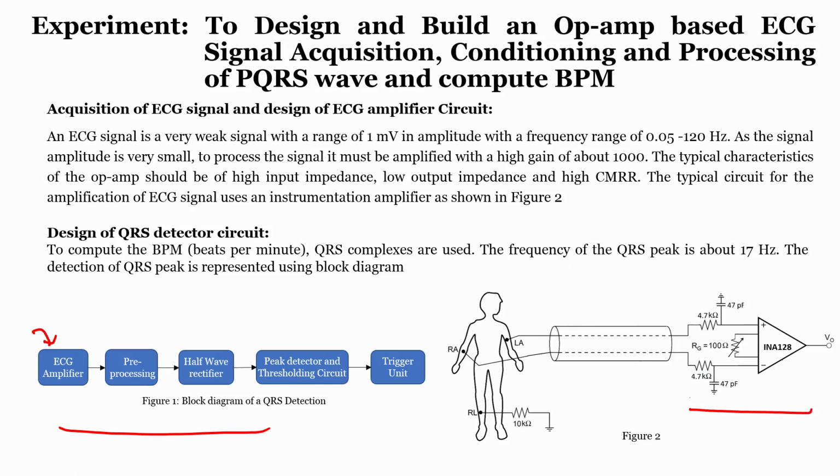Since the signal whatever we receive, when you look into figure 2, the electrodes are placed in such a way that one will be on our right arm, the other on our left arm, and the right leg acts as the ground. So, the signals we receive are RA versus ground and LA versus ground.